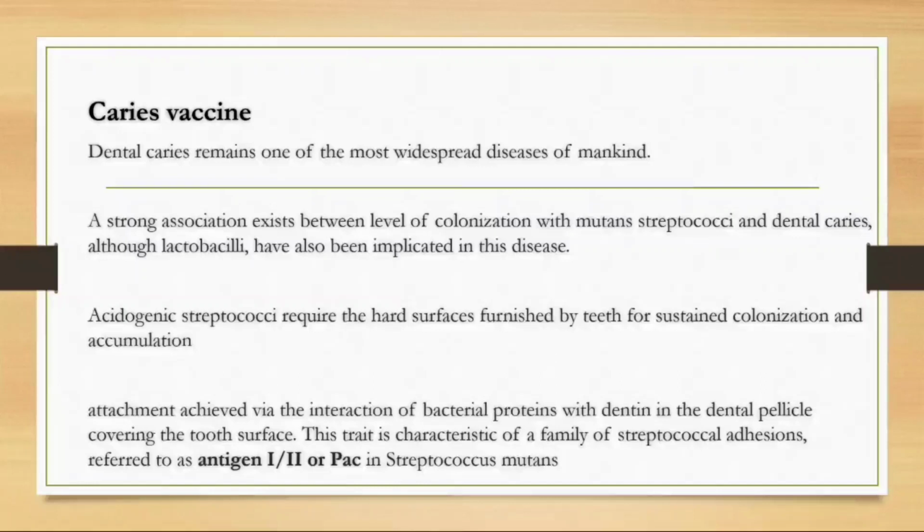But since caries is a multifactorial disease, there are so many factors involved, we cannot prevent everything by a single vaccine because there are host factors, there are agent factors, many factors. We can only prevent the microorganisms or their growth, population multiplication.